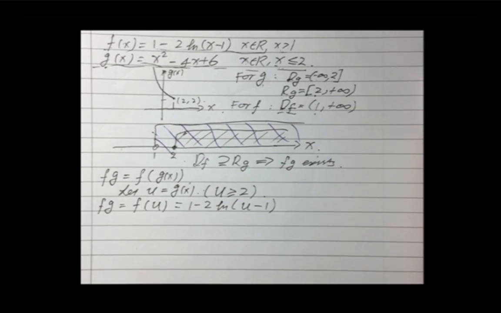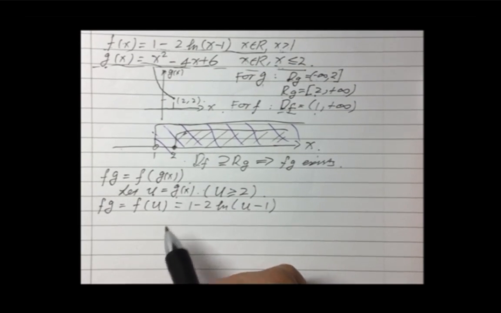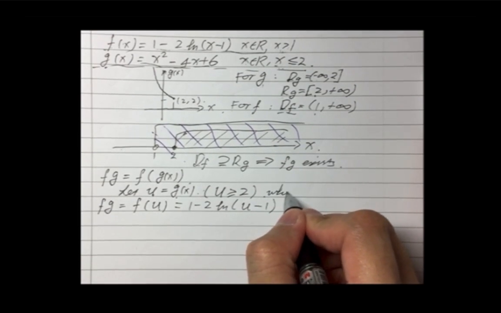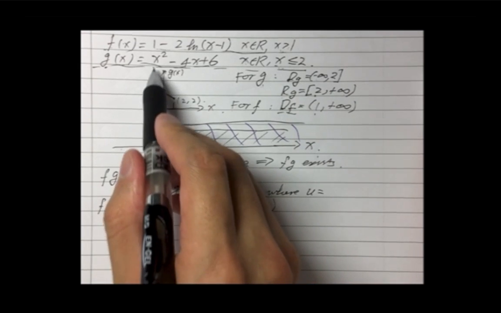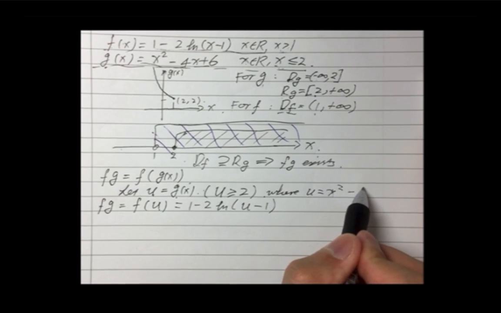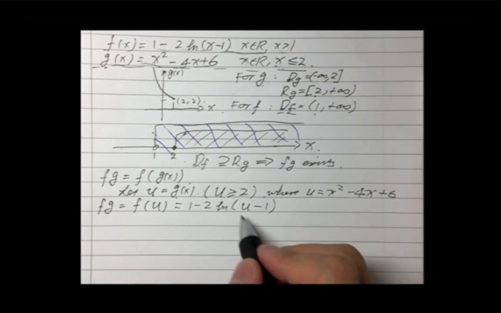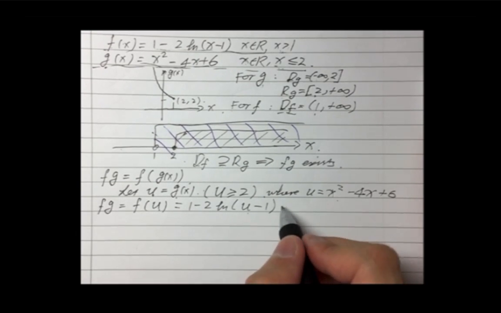You get this. And you already know that u is g(x), where u equals x squared minus 4x plus 6. So we just substitute this into it.